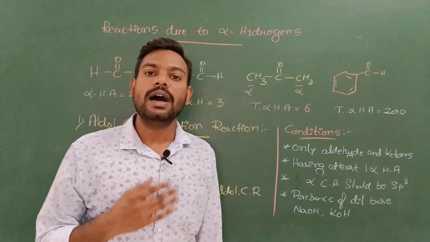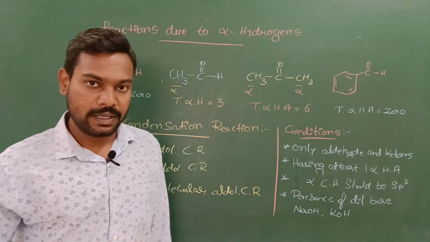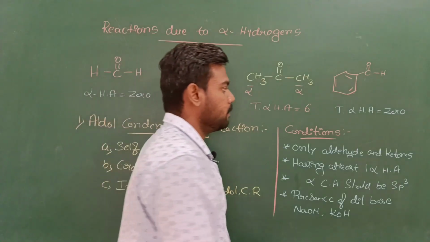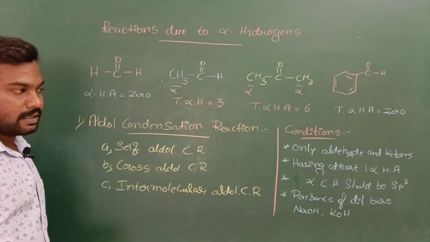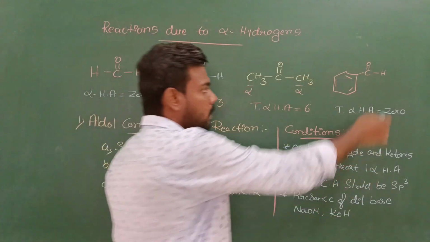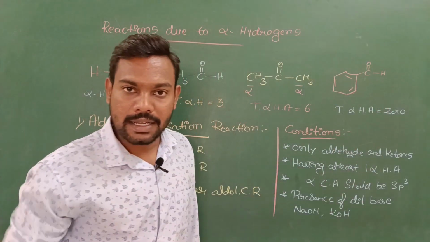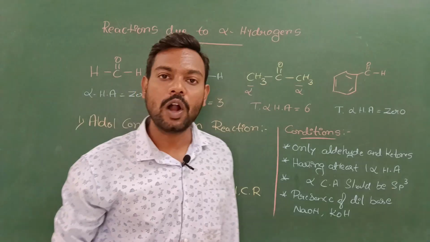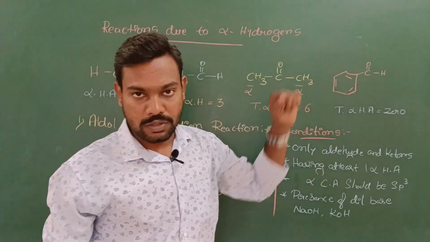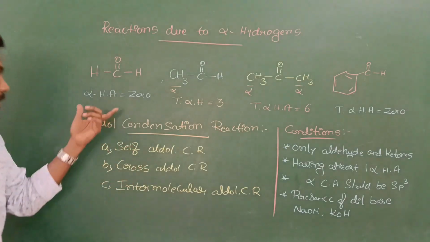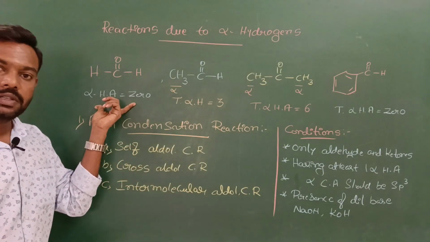If the alpha hydrogen atom is absent, for example, here benzaldehyde is there and here formaldehyde is there. These aromatic aldehydes do not undergo aldol condensation reaction because there are no alpha hydrogen atoms. And here also in formaldehyde there is no alpha hydrogen atom.